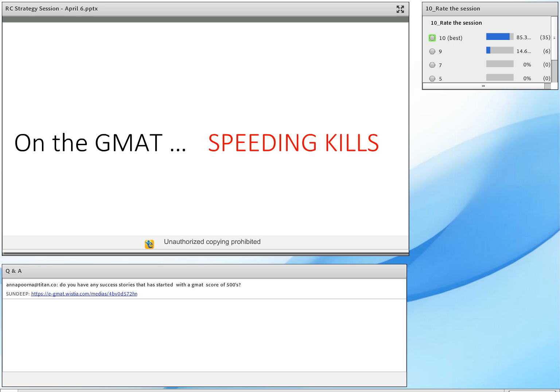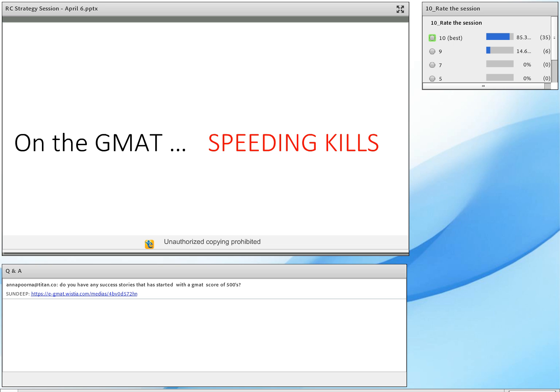For example, let's say given your skill level, in sentence correction you can answer a parallelism based question accurately in under a minute, whereas for a modifier based question, especially a noun plus noun modifier based question, you may take up to 90 seconds.